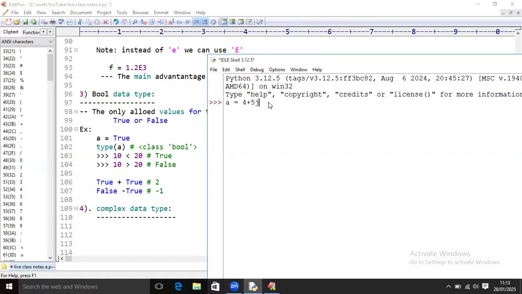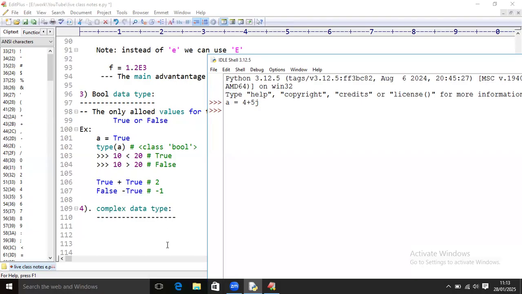Let's check whether it is accepting that type of data or not. If it doesn't show an error, then it is accepting those values. If it shows an error, then it is not accepting those kinds of values. Here it has not shown any error, so it is accepting. So a is the variable, 4 is the real part, 5j is the imaginary part.